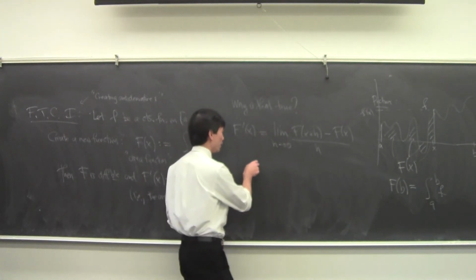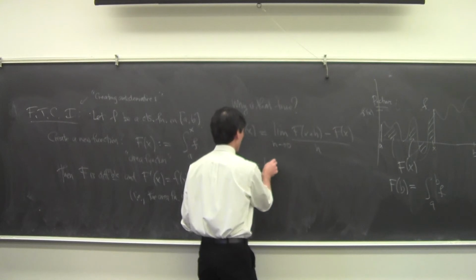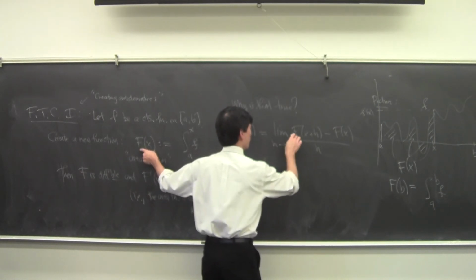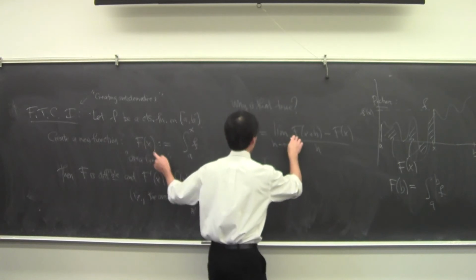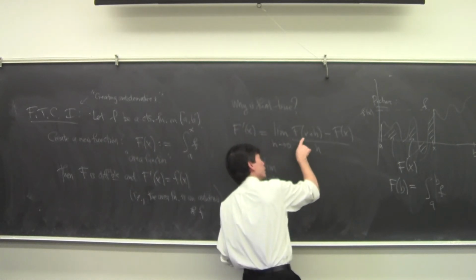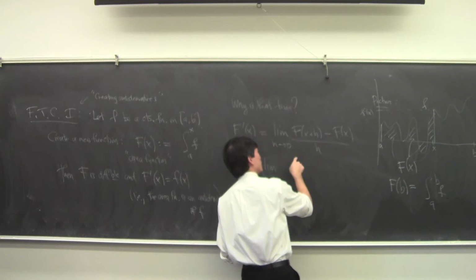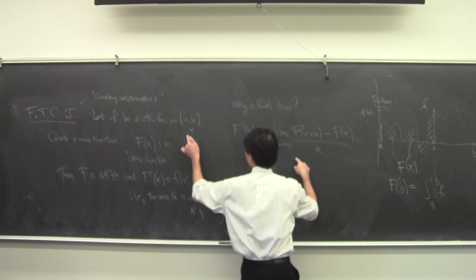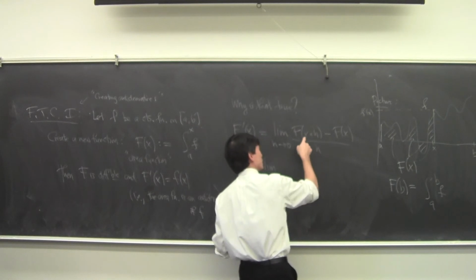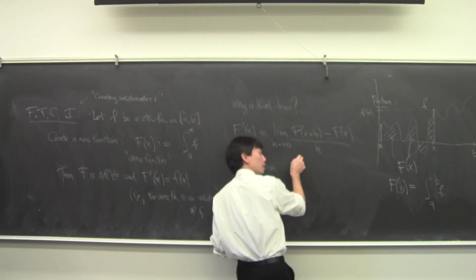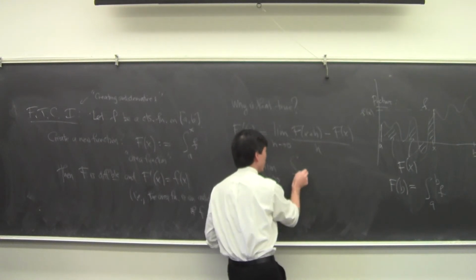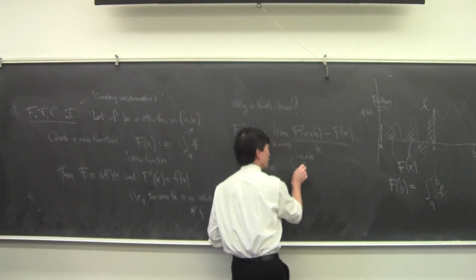Okay, so now let's think of what that means for our guy here. Capital F of x plus h, what is that? Well, big F of x is the integral from a to x, so big F of x plus h is the integral from a to x plus h of little f.